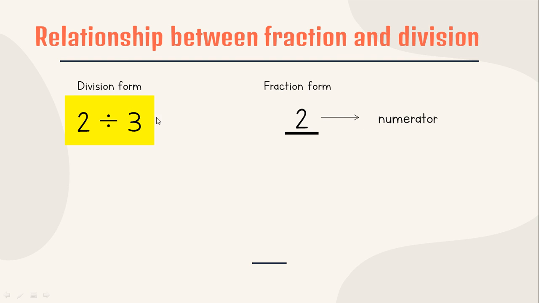Numerator, and this 3 goes to the denominator. Okay, so that's the relationship between fraction and division. Please do not forget the terms: dividend, divisor, numerator, denominator. You have learned these in primary 2.